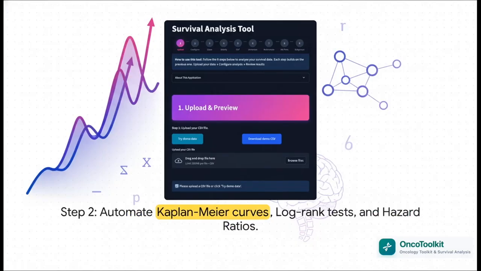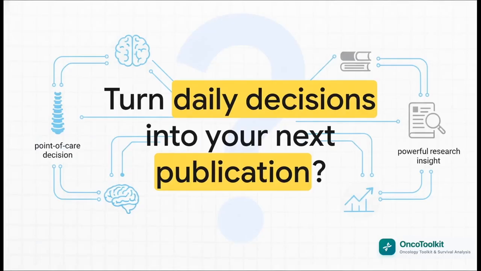Then you upload that polished CSV right into the survival analysis tool. And with a few clicks, it completely automates the generation of publication-ready Kaplan-Meier curves, it performs log-rank tests, and it calculates hazard ratios, giving you the power to analyze your own cohort's outcomes. What you have here is a complete, seamless pathway, from a point-of-care decision to a powerful research insight.